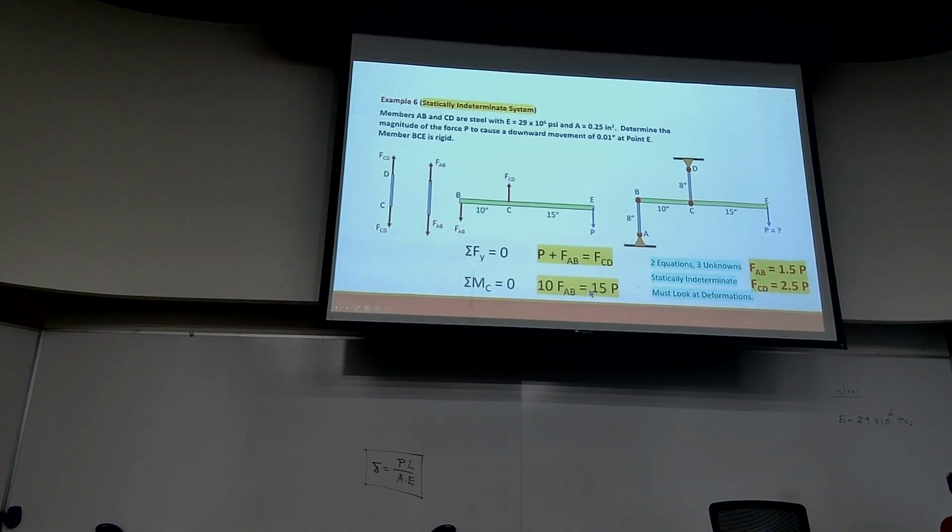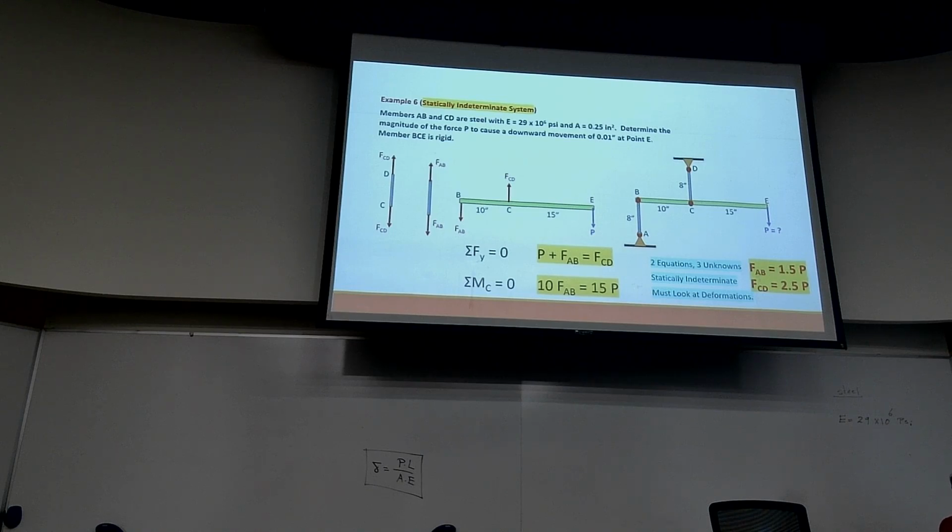So that's this equation. And as you can see, we have 2 equations and 3 unknowns. The unknowns are FAB, FCD, and P. And obviously you can't solve for 3 unknowns using only 2 equations.